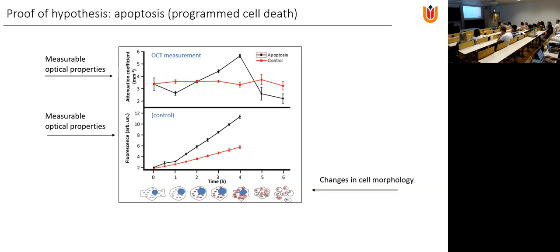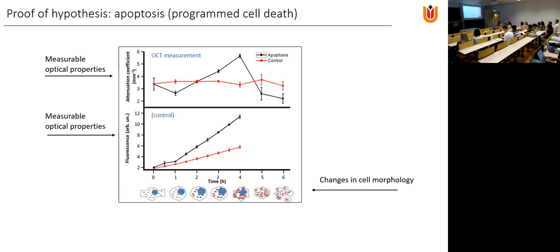Apoptosis is the mechanism by which cells die, with the same kind of morphological changes depicted in the cartoon there on the left. So you start out with a healthy cell, and as it goes into apoptosis, it falls apart in different fragments that are then cleared.